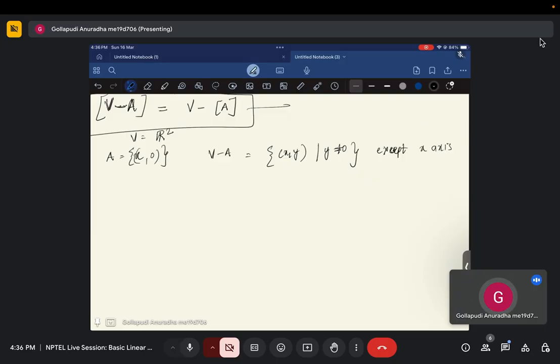So basically you have R2 space and I'm removing the x-axis from that.